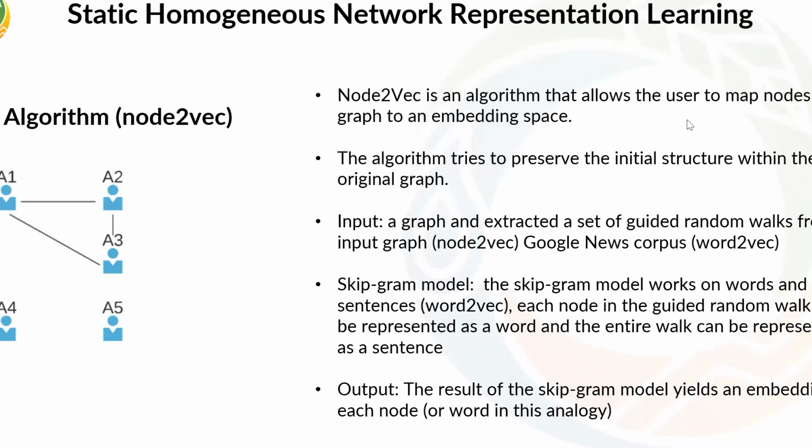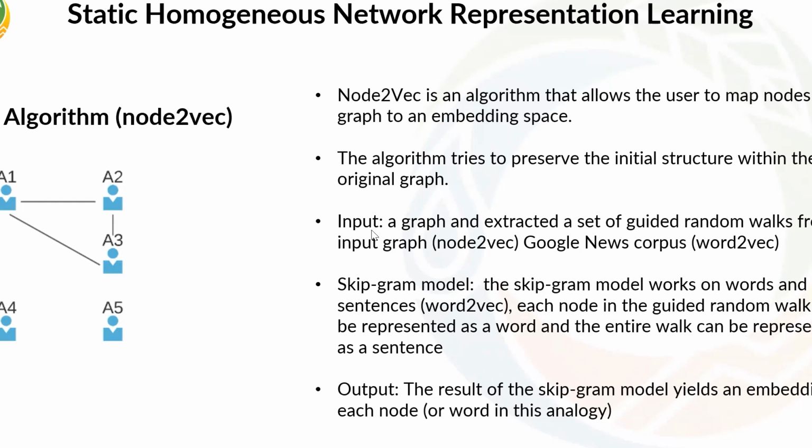It allows the user to map nodes in a graph to an embedding space. The algorithm tries to preserve the initial structure within the original graph. This is similar to the idea in word2vec, where we want to preserve the semantic and syntactic features of each word in our input training text data.